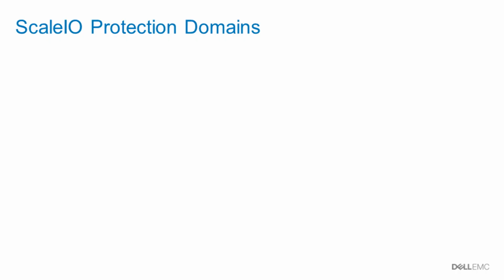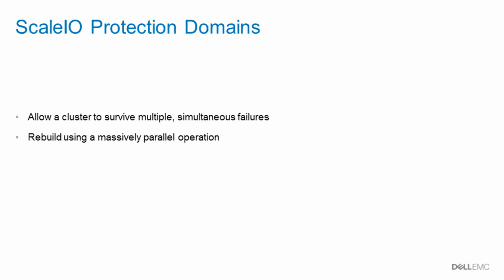To wrap up, let's summarize the advantages and use cases of protection domains. Protection domains serve as data protection boundaries, allowing a cluster to survive multiple simultaneous failures. When a node or device goes offline, they rebuild using a massively parallel operation between surviving members of the protection domain.